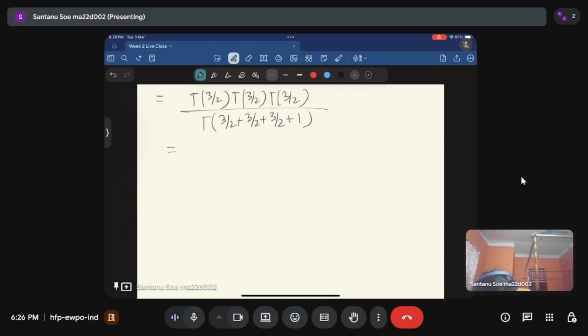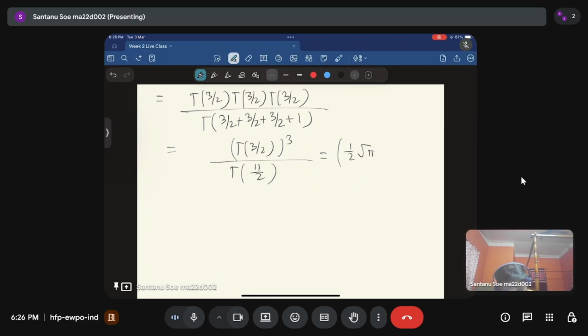So this is just gamma of 3 by 2 whole cube divided by gamma of 11 by 2. Correct?